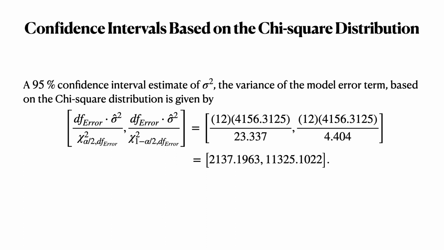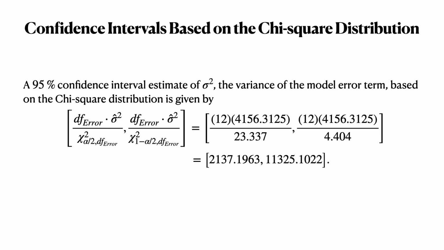The upper end point is the ratio where in the numerator we have the degrees of freedom for error times the point estimate of sigma squared divided by the upper 1 minus alpha over 2 percentage point of that same chi-square distribution. We have 12 degrees of freedom for error. The point estimate of sigma squared, which is the MSE from the ANOVA table, is 4156.3125.